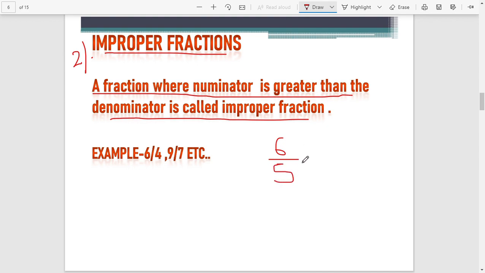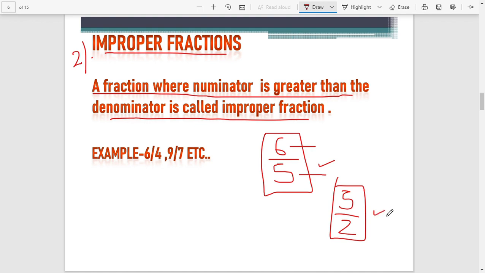In a proper fraction the numerator should be less; in an improper fraction it is the opposite, which means the denominator is less. Like 6 upon 5, the denominator is less, so it is an improper fraction. Take another example, 5 upon 2. 2 is the denominator and it is less than the numerator. It is also improper. So these are improper fractions.